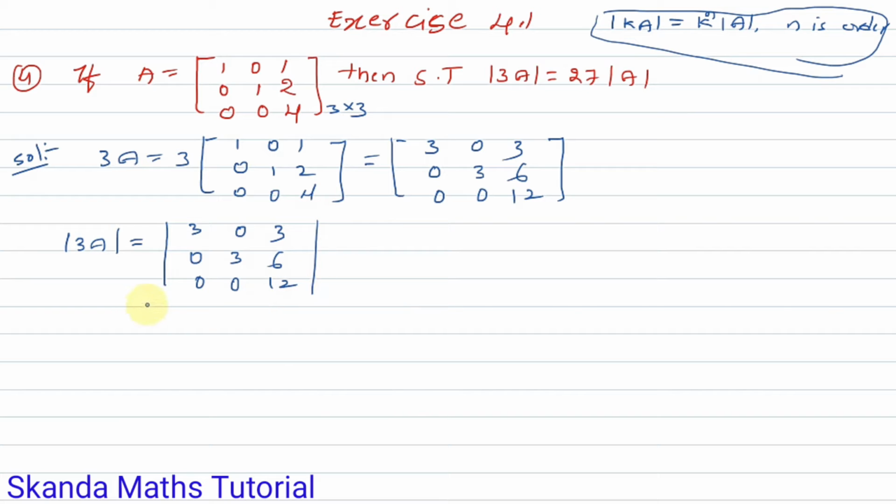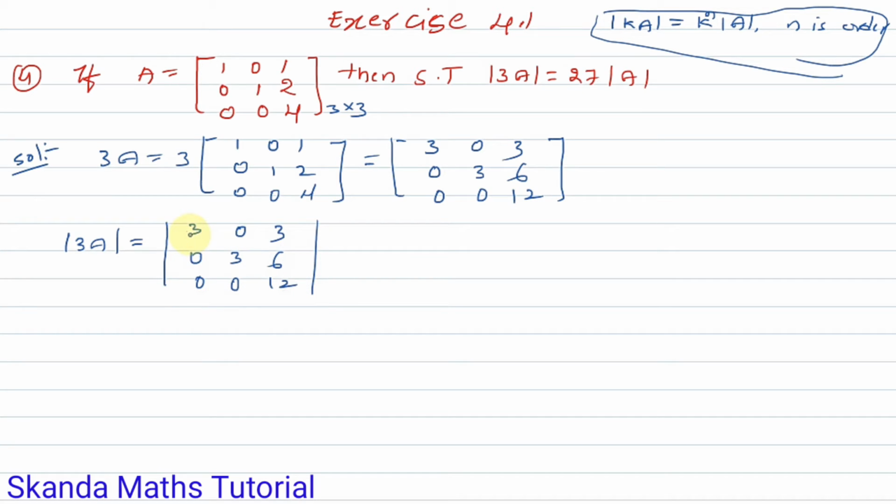I told you that this determinant can be found using either rows or columns, the first, second or third row, or the first, second or third column. Depending on which one you choose, you will get the answer easily. In the first row we have two non-zero elements, and in the second row also two non-zero elements, but the third row has only one non-zero element.